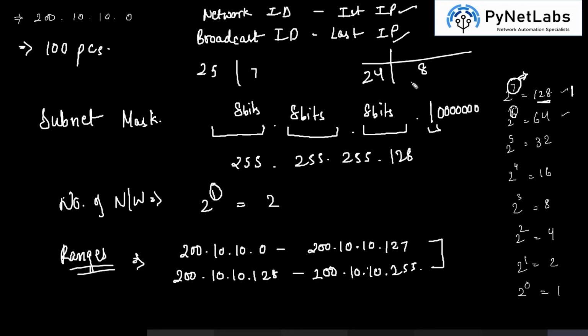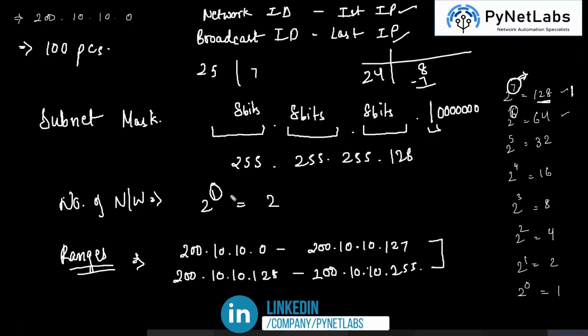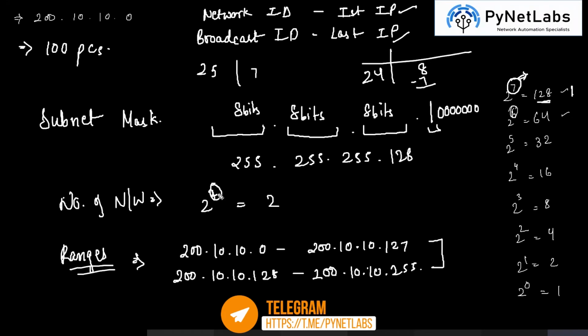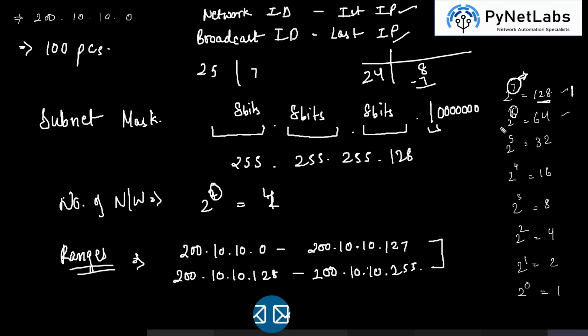However, we borrowed 1 bit from the host part and gave it to the network part. So 1 bit is being borrowed and we put it in the power of 2 and you get 2. In the previous case, 2 bits were borrowed, so we used 2 as the power of 2 and the result we got was 4.